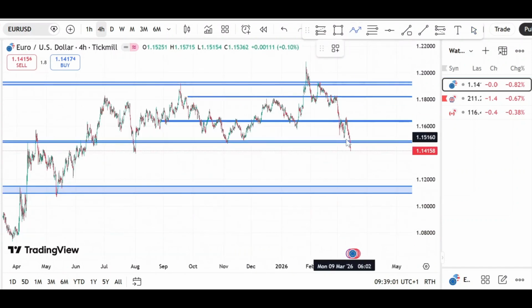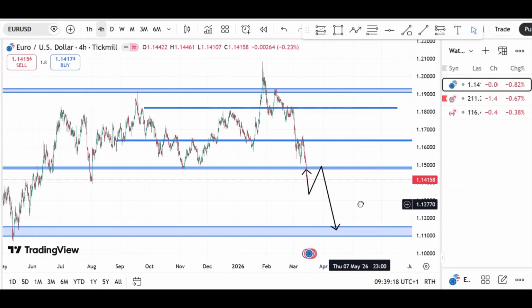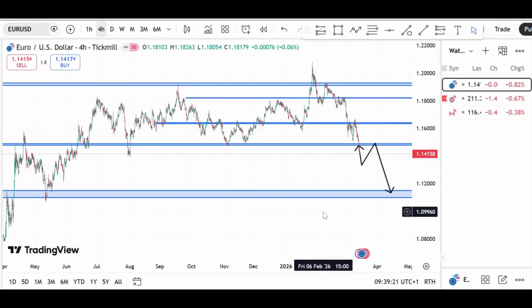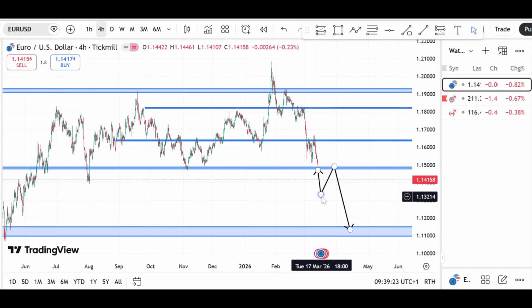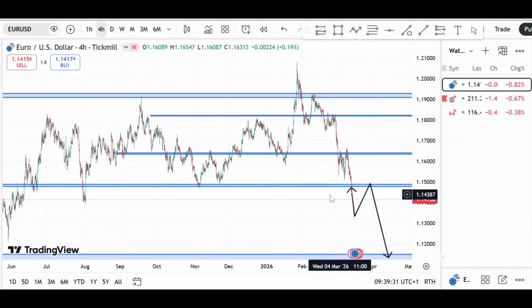We are going to wait for this complete break of structure, and then wait for this pullback here in order to retest this daily or weekly support in order to enter for selling and target this monthly support. So we are going to wait for the complete break of structure, then wait for this retest or pullback to create the new lower high, and then we enter for a sell.